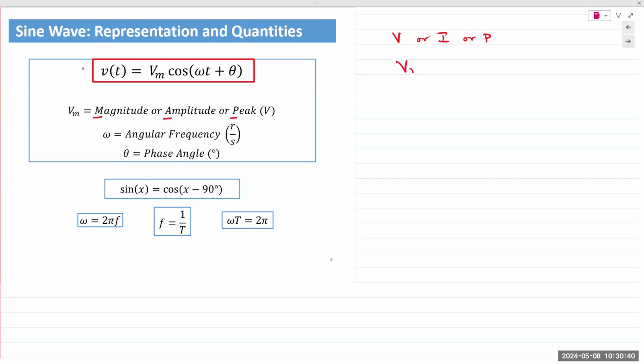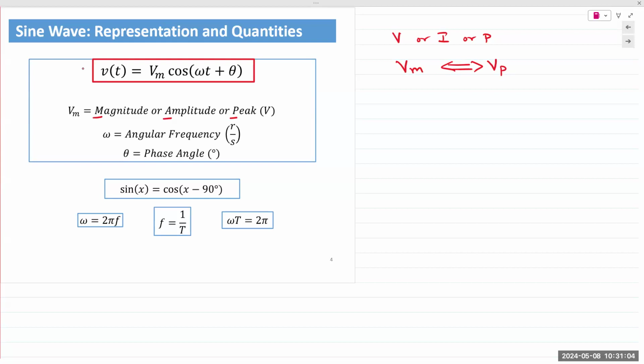So this Vm is also represented as Vp. And this is very important for you to understand. If you are in the lab, if you are using an instrument, or if you perhaps talk to any of your peers in a different class that use a different book, they would be referring to Vp. It's the exact same thing as Vm.